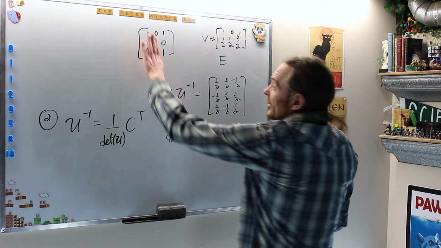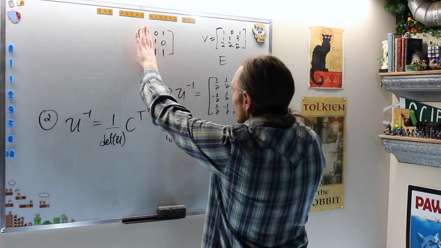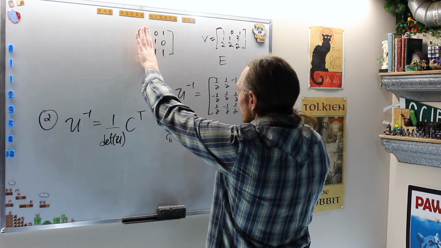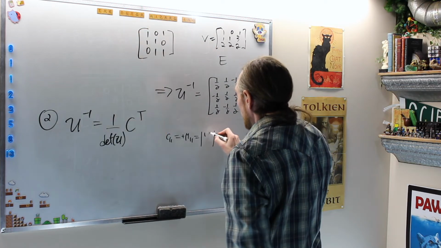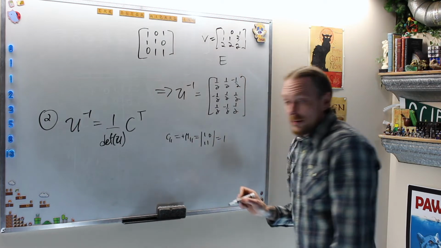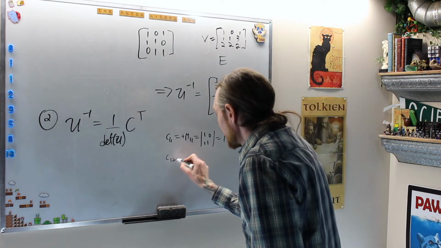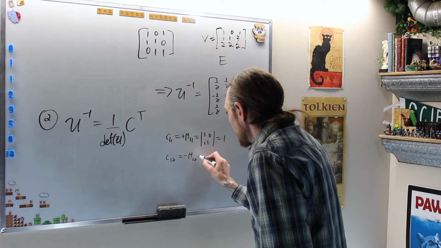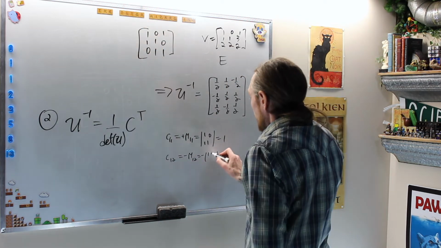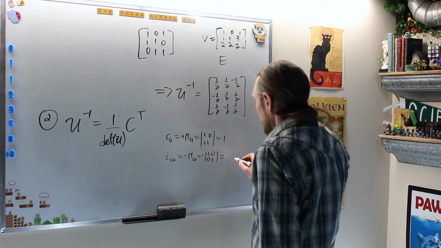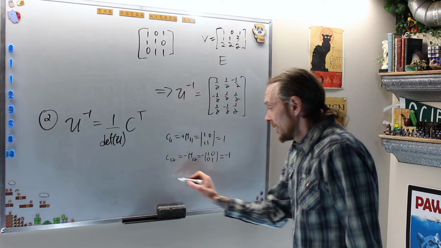C11 is equal to blocking off this and this, so that will be positive M11, and that is going to be equal to 1. C12 is equal to negative M12, which is negative 1, 2, 1, 0, 0, 1, which is negative 1.